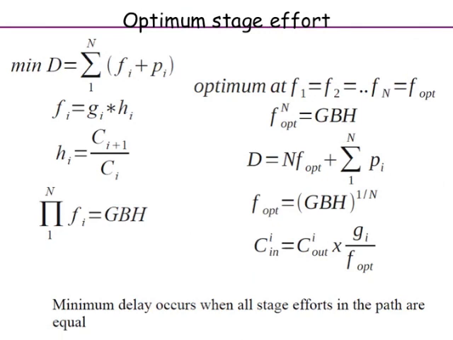Then the delay of this whole path becomes, because every fi is equal to f opt, and there are n of these, n times f opt plus the sum of parasitics, where f opt is given by 1/n of this.